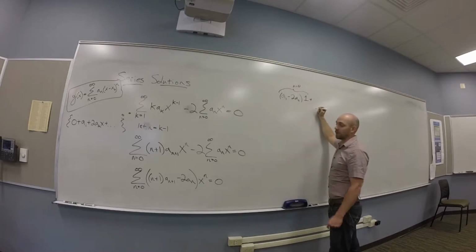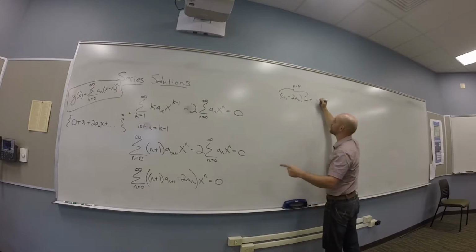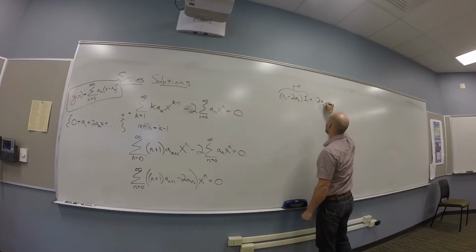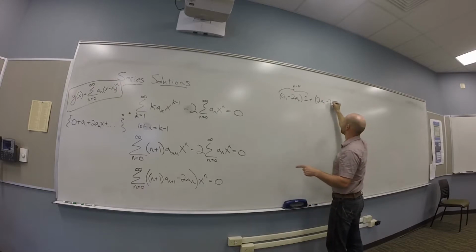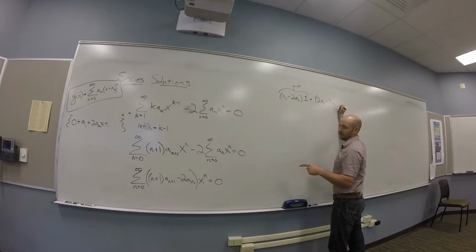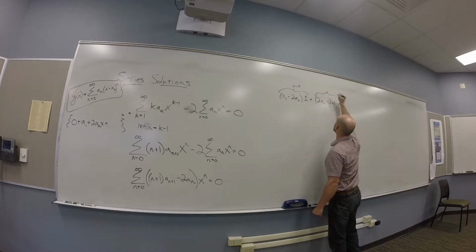Then I have plus, and when n is 1, what do you get? You got 2a2 minus 2a1 times x. That's the n is 1 term.